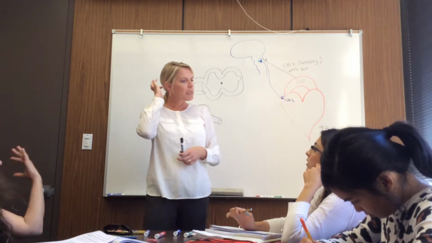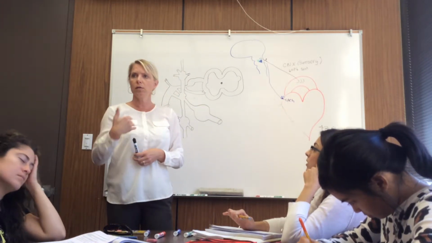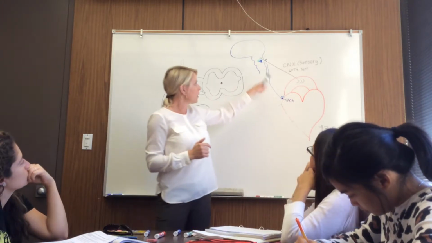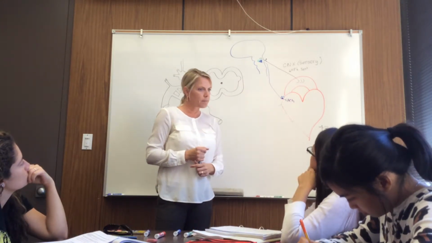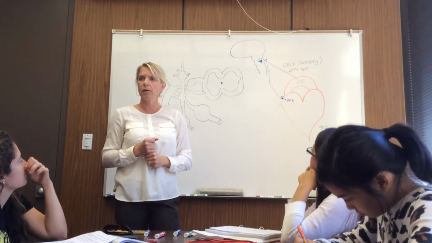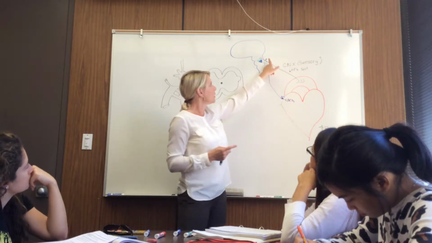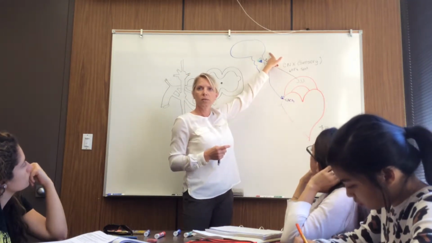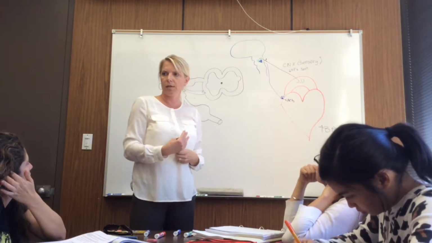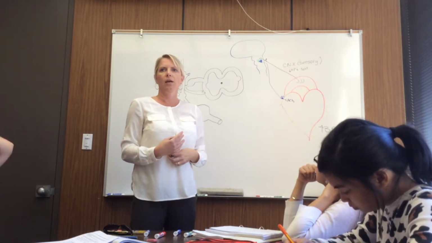Acetylcholine is used in many different places in the nervous system beyond targeting skeletal muscle, beyond this two-neuron chain. It can be used elsewhere in the brain as an excitatory signal. Why not just put excitatory neurotransmitter? A sensory neuron needs to relay information. You don't want it relaying nothing.